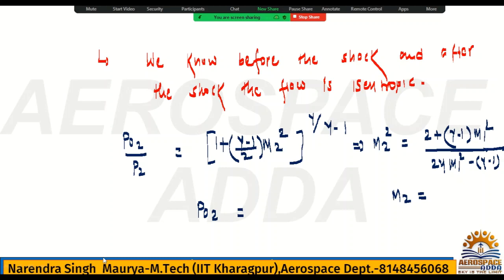So it's 0.4, right? It's 0.4. So now use this formula and calculate P naught 2. P naught 2 will be 6.39 atm.